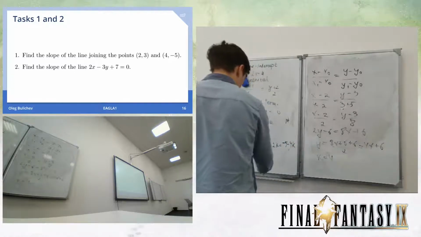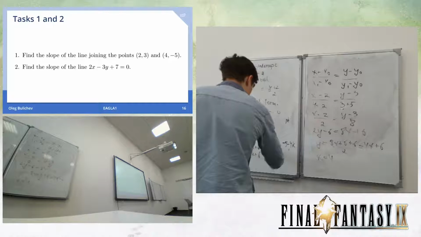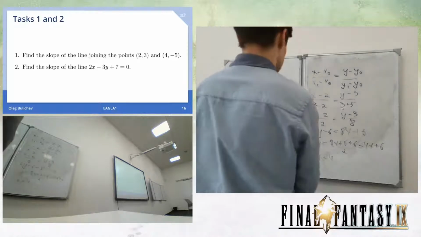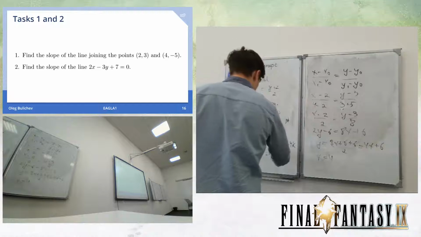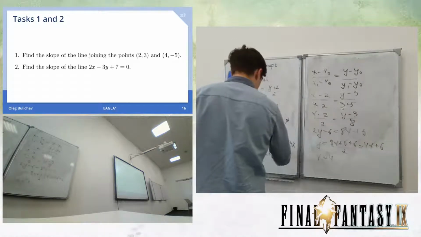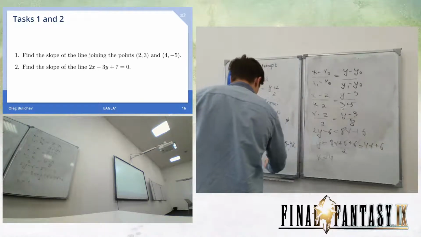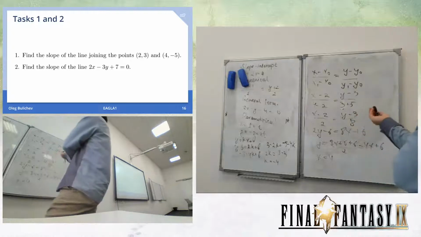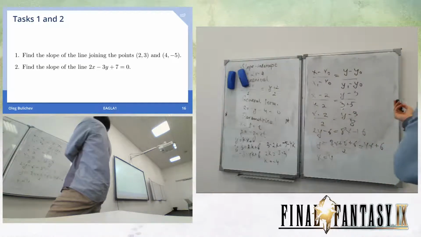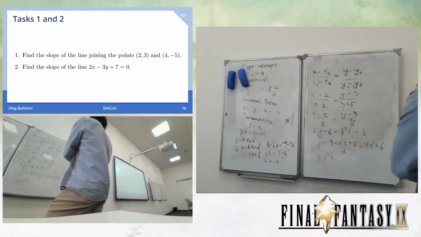So how to solve the second task? We can derive a formula for the general equation by dividing by -3 and turning x to the other part. And also we can use the general equation as the slope intercept form, the first which I said.